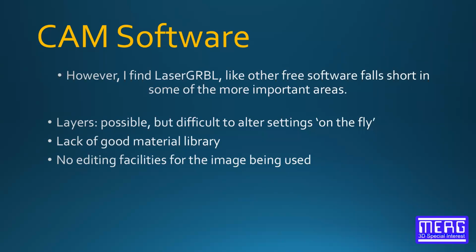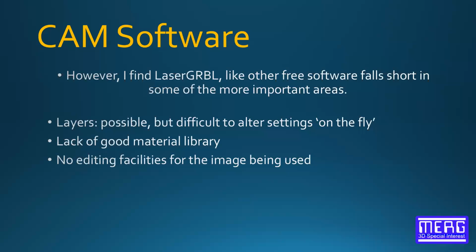In Laser Gerbil, layers are possible. Sometimes, as Bob mentioned last time, you might want to engrave something, then cut it as a separate operation, and therefore you would do that in layer mode, if you like. So you'd have your first layer for engraving, a second layer for cutting, or maybe more than one layer for engraving.